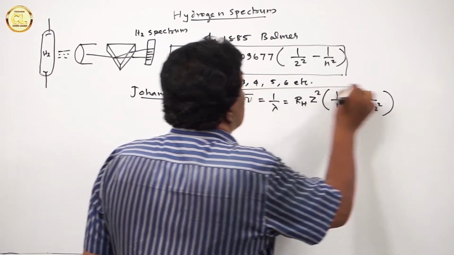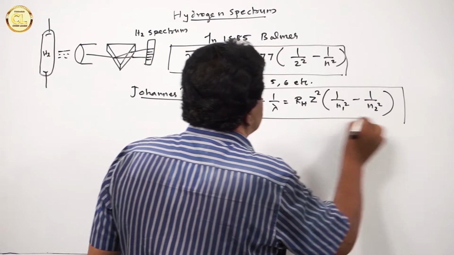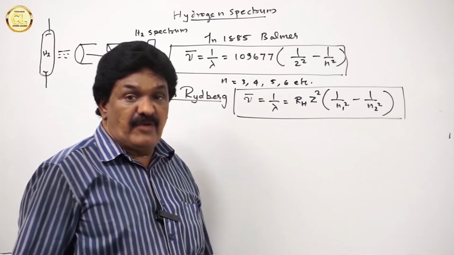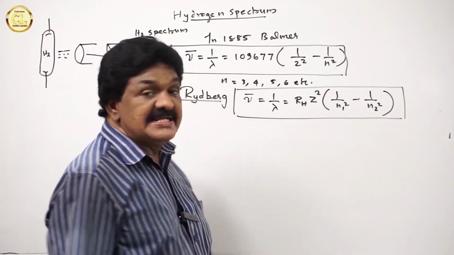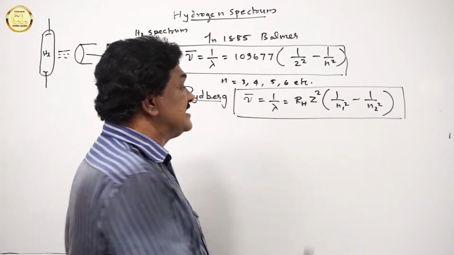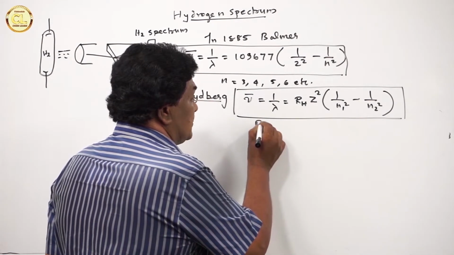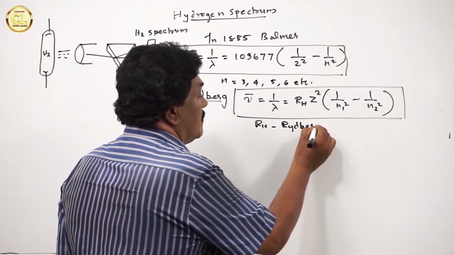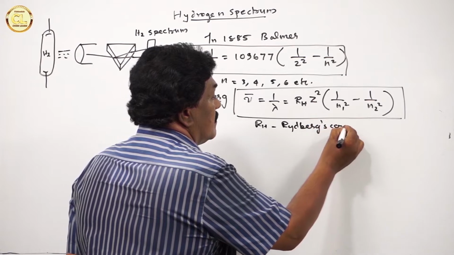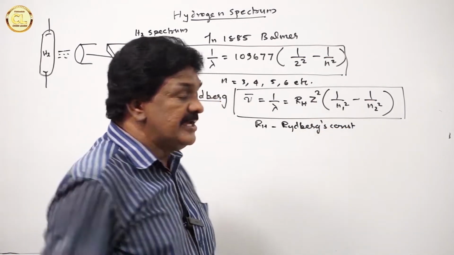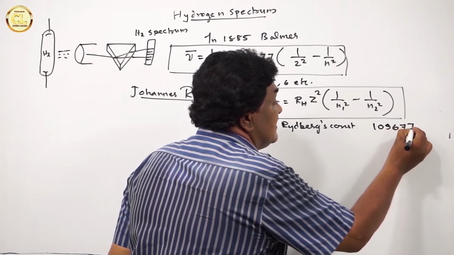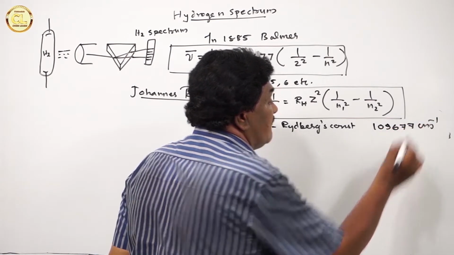This formula is called Rydberg relationship or Rydberg formula, where nu bar is the wave number, lambda is the wavelength, and RH is the Rydberg constant. Its value is 109677 centimeter inverse.